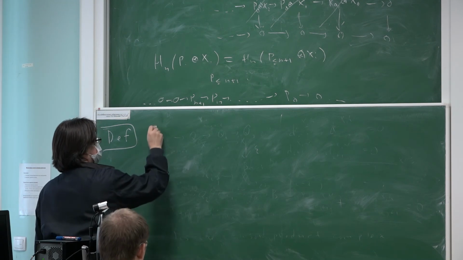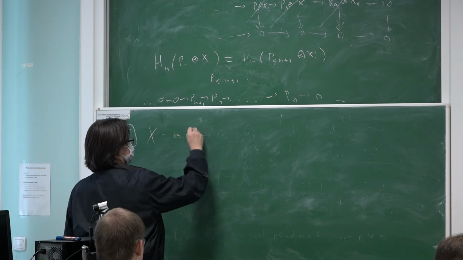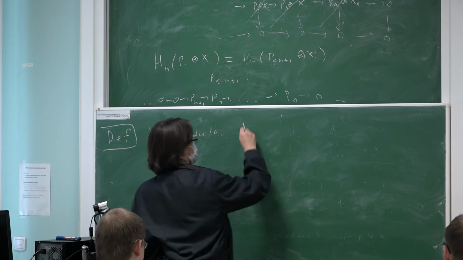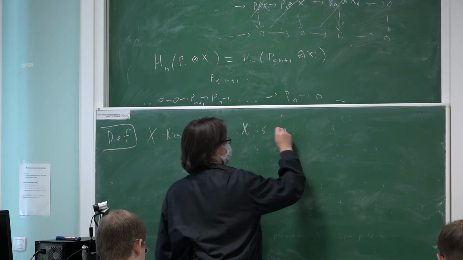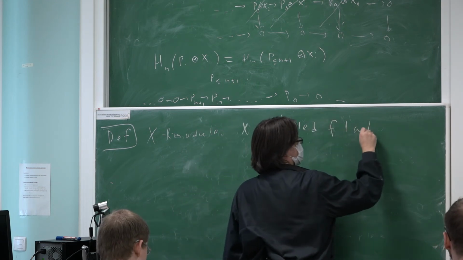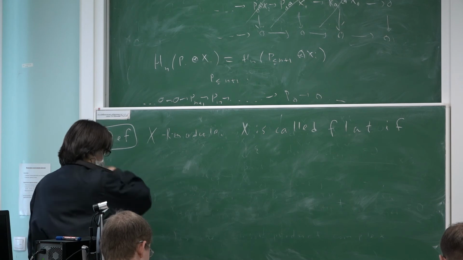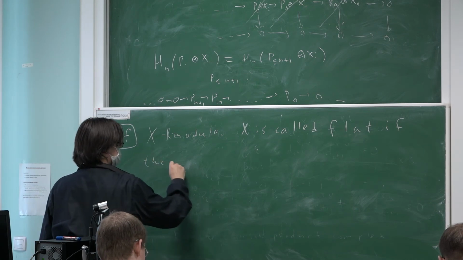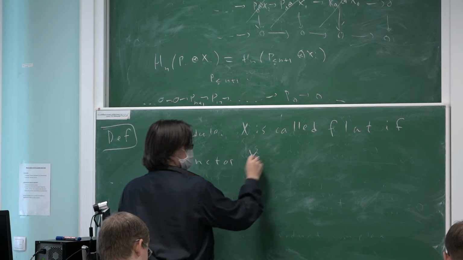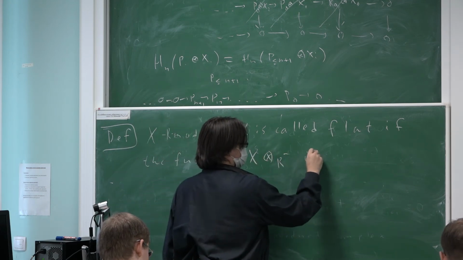Let X be a module. Then X is called flat if the functor X tensor over R is exact.